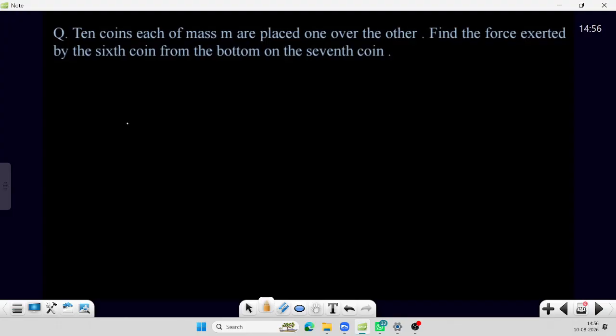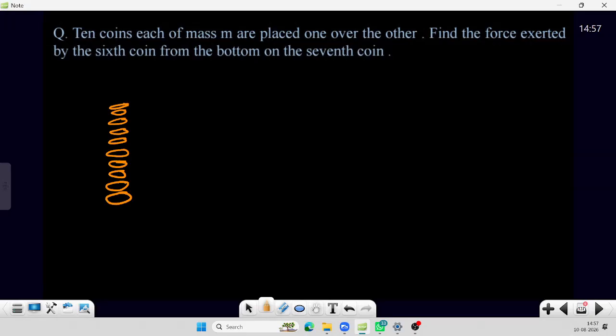Now they place the coins one over other. 10 coins they place. This is 1, 2, 3, 4, 5, 6, 7, 8, 9, 10.